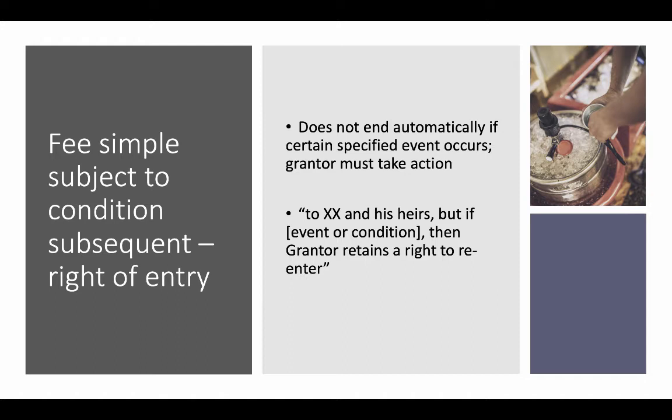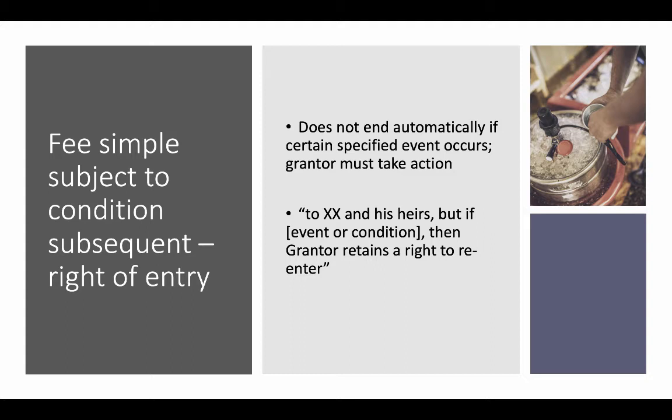The major difference is that while the fee simple determinable and the fee simple with an executory interest automatically end if the person who received the land doesn't fulfill the condition, the grantee's interest in the fee simple subject to a condition subsequent doesn't automatically end if the condition occurs.